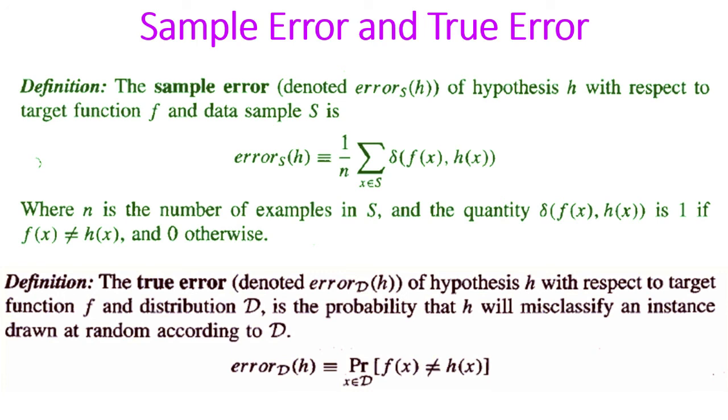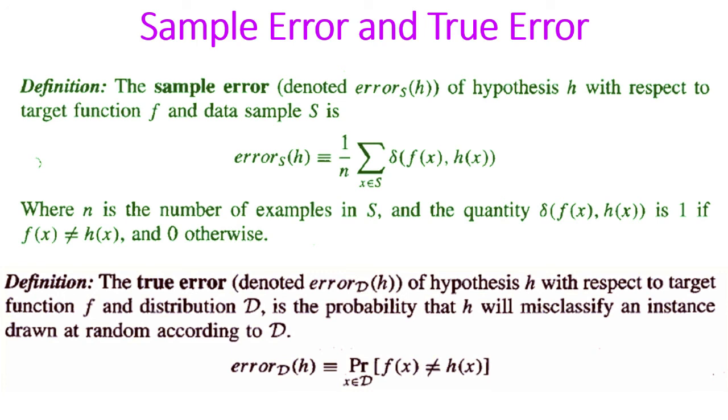The second one is the error rate of the prediction over the entire space or distribution. We may have taken a small amount of data or sample data only for the prediction or for the classification.